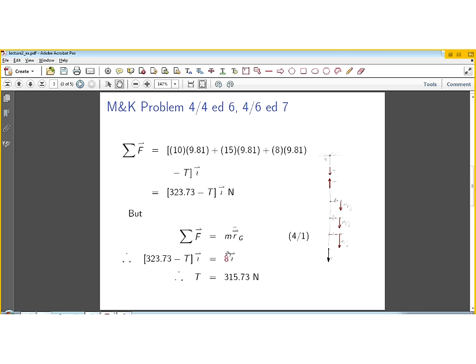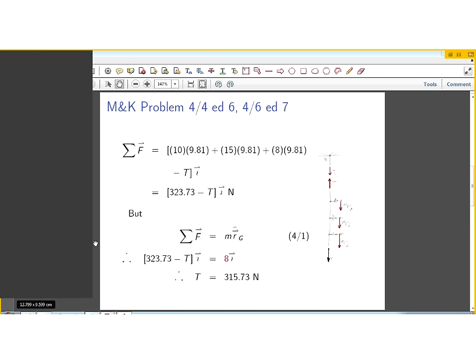If I then substitute on the right-hand side what we've calculated, we can now take the dot product of this equation with I. And from that we can solve for the unknown T as 315.73 newtons. And with this we have solved the problem. And with this I also conclude this lecture and this recording.